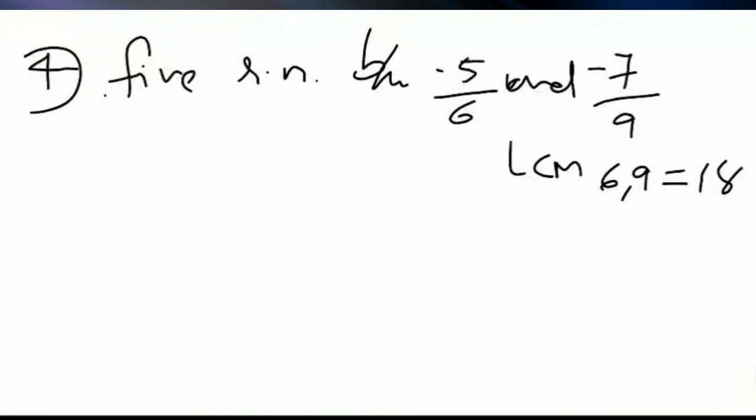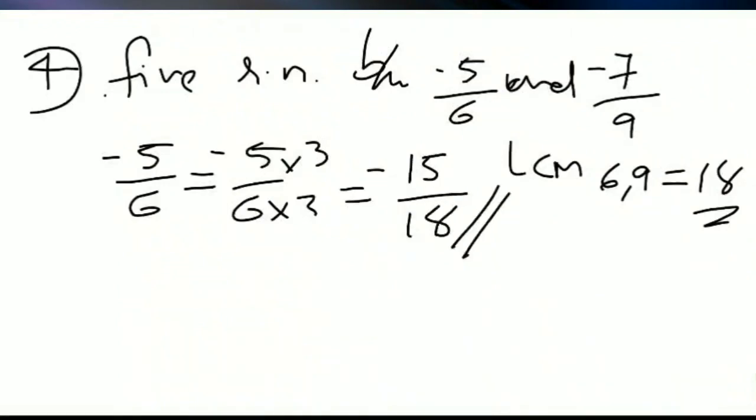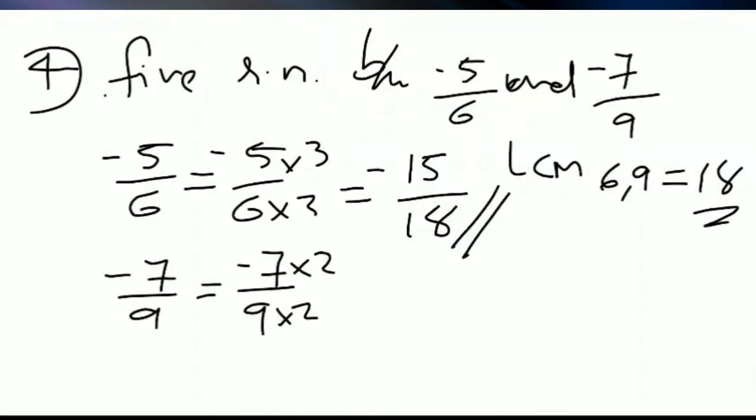We write −5/6: we multiply by 3 downside to make the denominator 18, so upside also by 3. So we get −15/18. Then the second number, −7/9: we multiply by 2 downside to make the denominator 18, so upside also by 2.